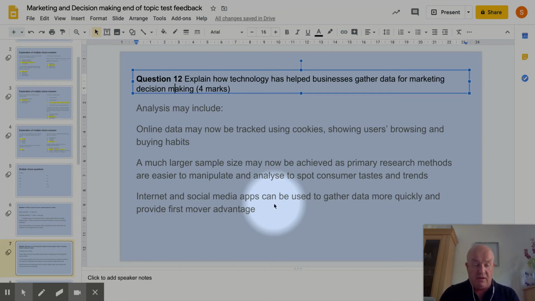So they're able to get their product to market quicker and hopefully exploit trends more effectively based on the fact that they're getting data real time from a large sample of their market sectors.